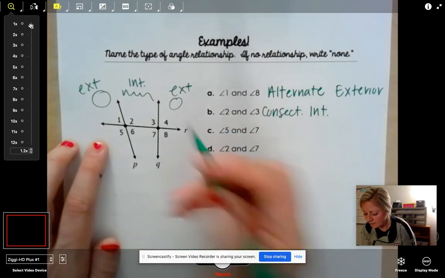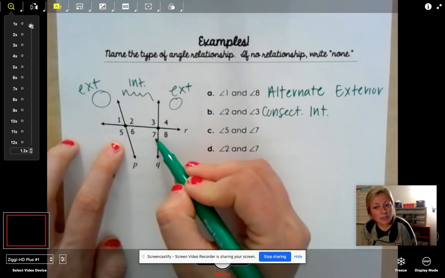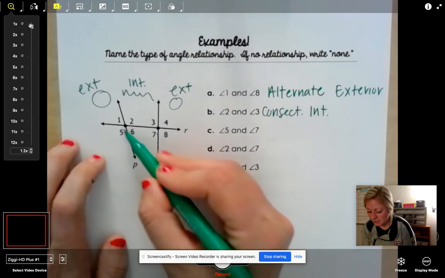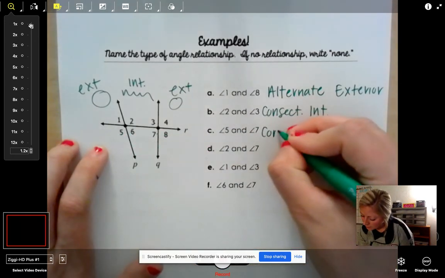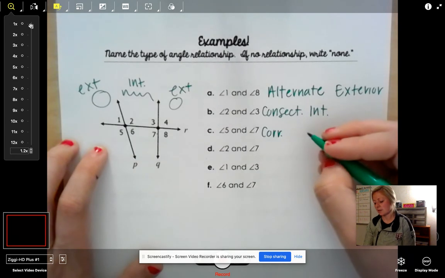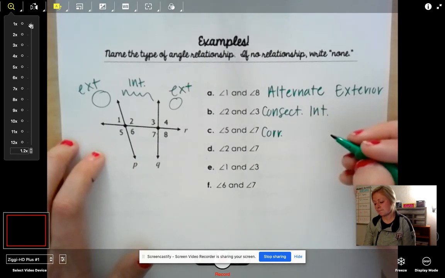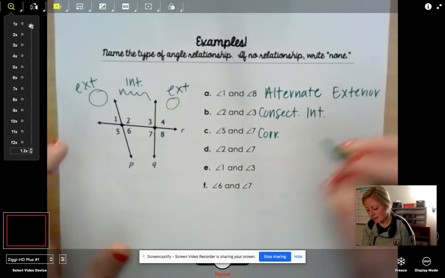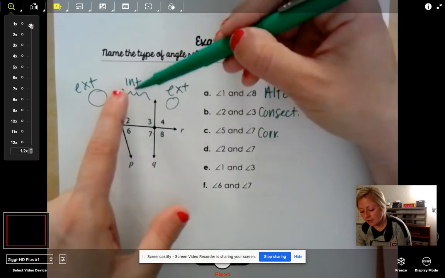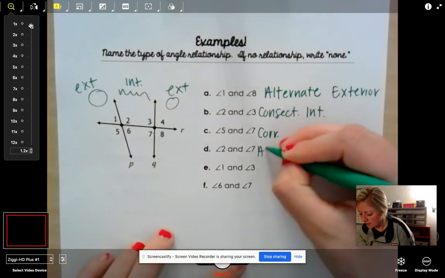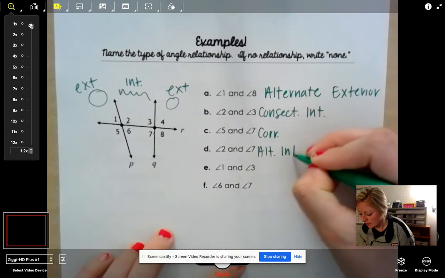5 and 7. It looks to me like they're in matching spots, right? This is in the bottom left corner and so is this one. So they would be corresponding angles. 2 and 7, they're on opposite sides of that transversal on the inside. So alternate interior.